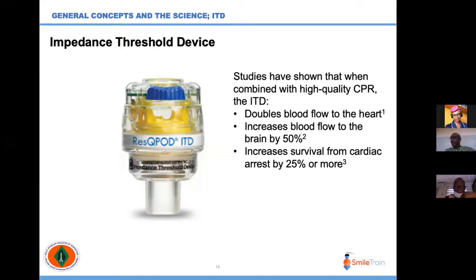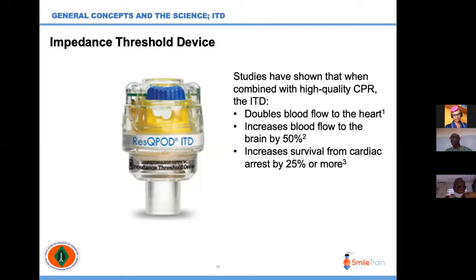When the pressure is low in the chest, blood flow enters. So this device stops more air rushing into the lungs during cardiopulmonary resuscitation, maintaining the negative pressure, and so improving blood flow back to the heart.